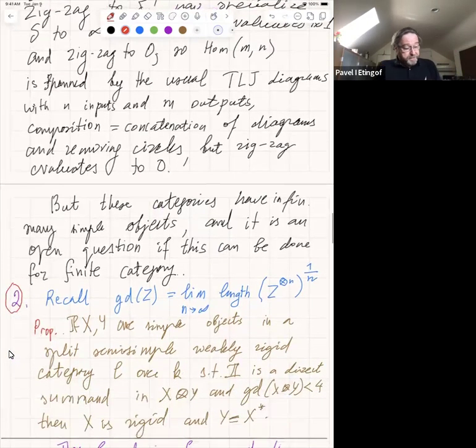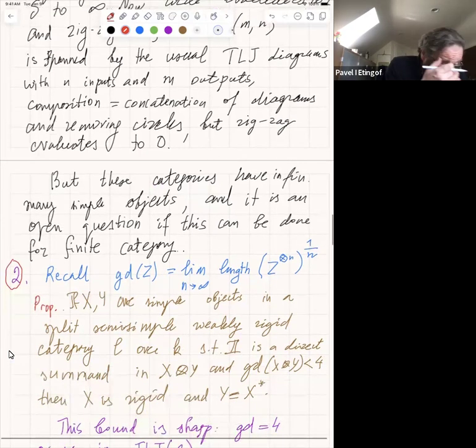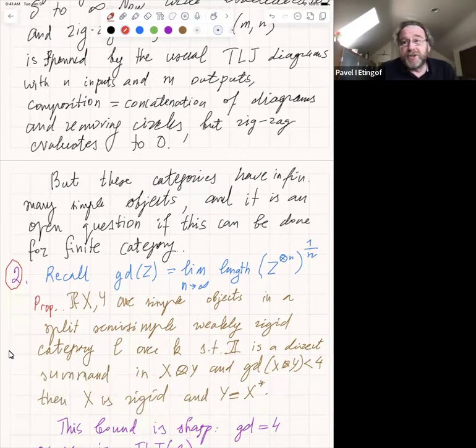And there is a partial result to this extent, which is the following. Let's define the growth dimension of an object Z as the limit, when n goes to infinity, of the length of Z^n to the power of 1 over n. It can be shown that this limit exists. It's not difficult.